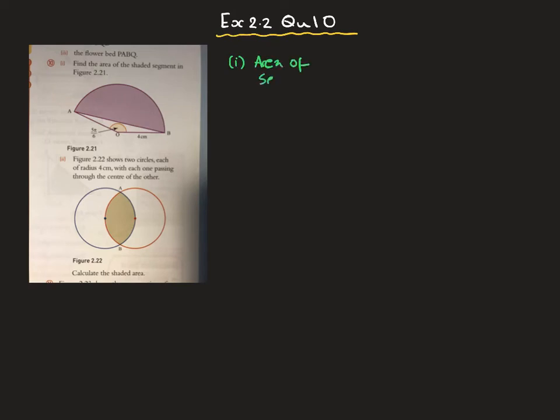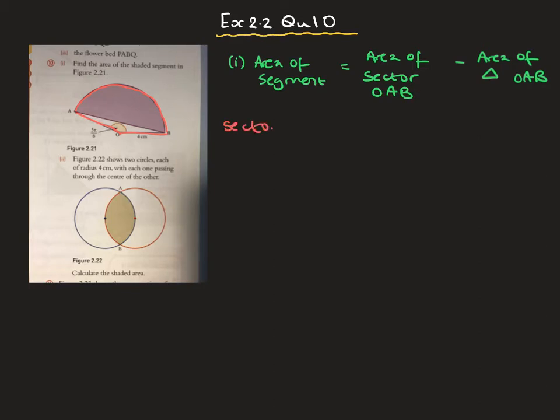So, the area of the segment is equal to the area of the sector subtract the area of the triangle. And the triangle, of course, is triangle OAB. And the sector is also called OAB, it's just that we're looking at the whole sector. So first of all, the area of the whole sector, so all of this shape here.